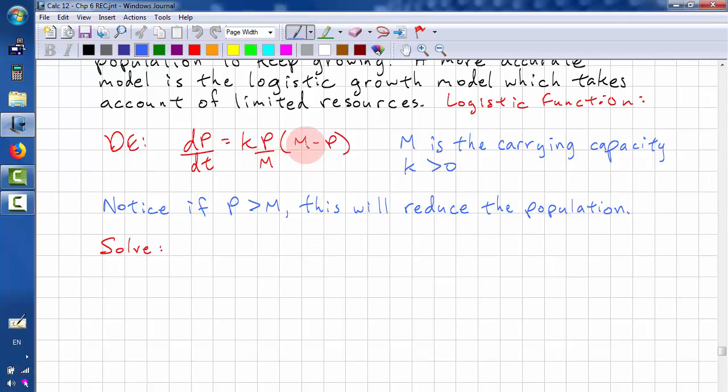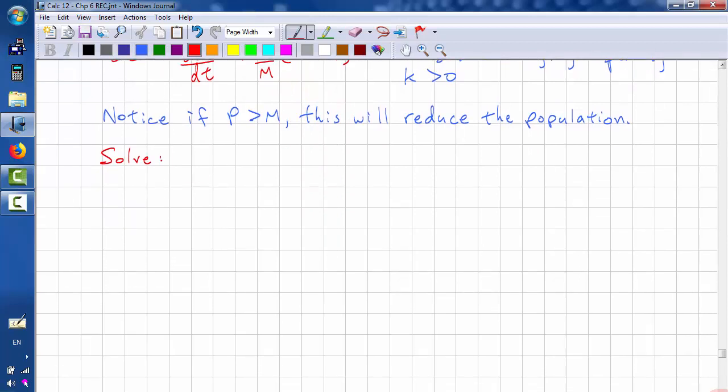So this and this and this all go over on this side, and dt goes over on this side. We'll leave k on the right-hand side. Okay, so separating, we get M dP over P(M minus P) equals k dt.